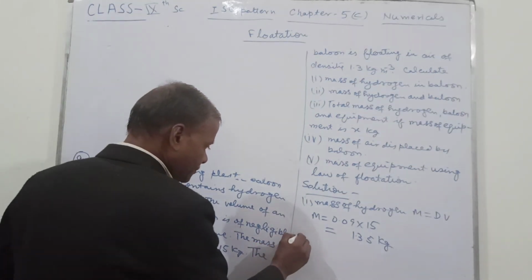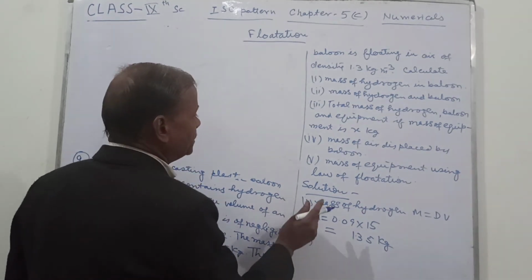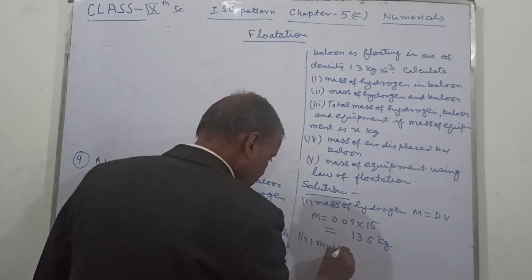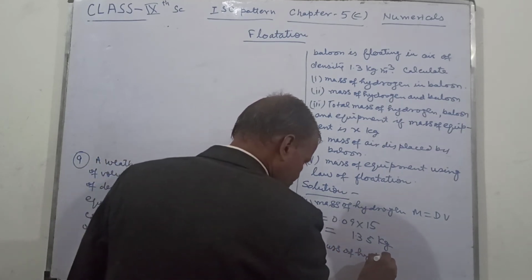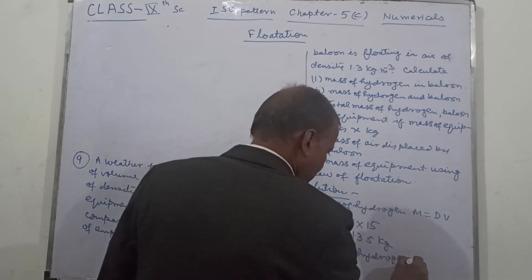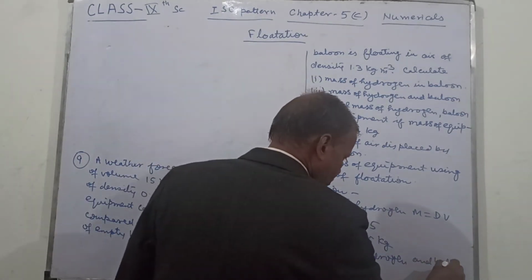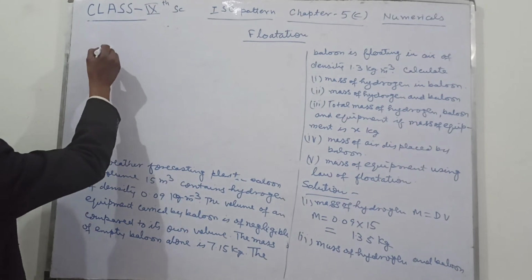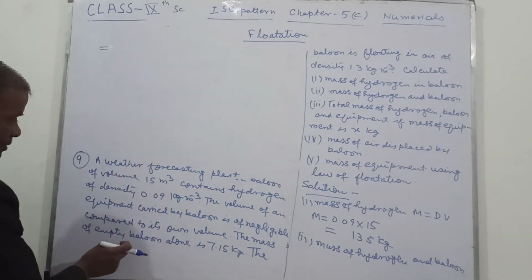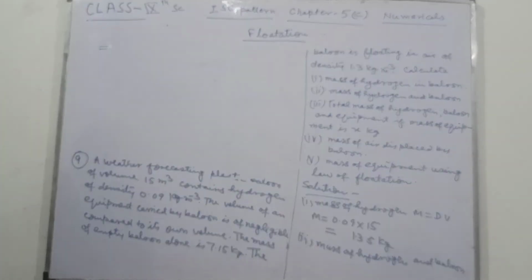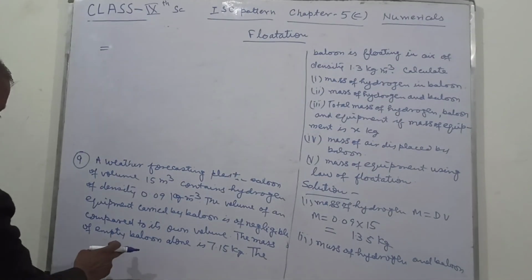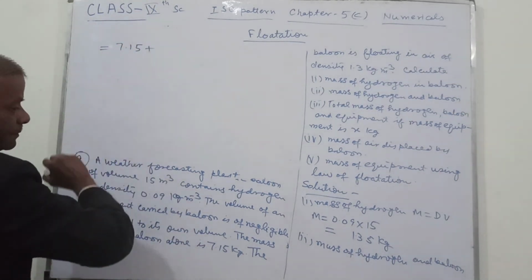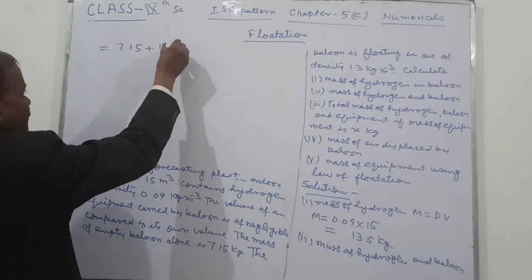And now second, it is asking the mass of hydrogen plus balloon. Now this will be equal to the mass of the empty balloon, which is given to you, 7.15, and this is now 1.35.